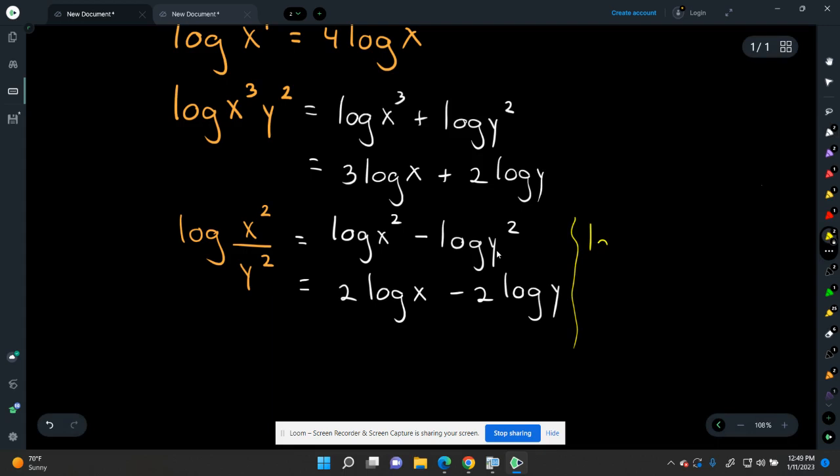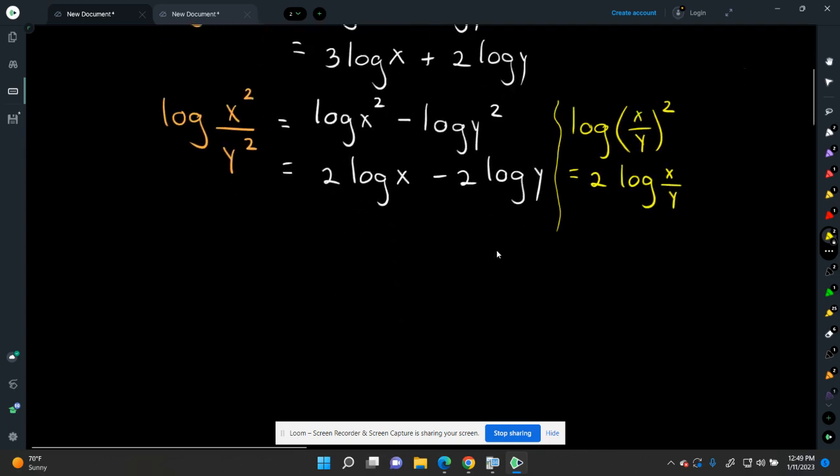If I were to rewrite it first as log of x over y, squared, right? x over y squared is equivalent to x squared over y squared. For this one, now I can move the 2 in front first, like that, and then deal with the division.